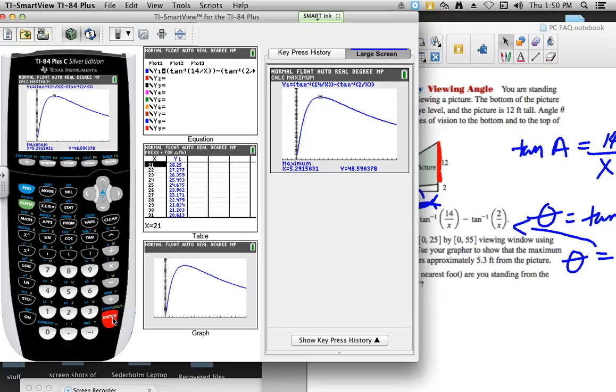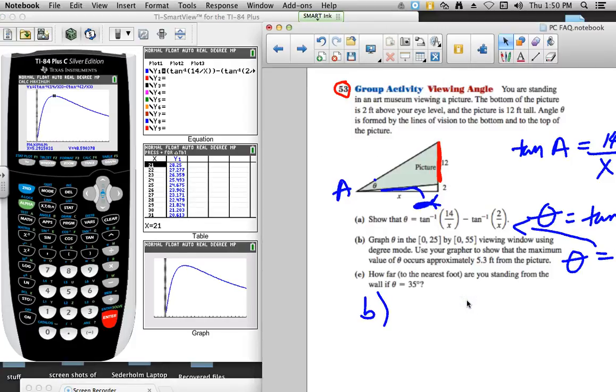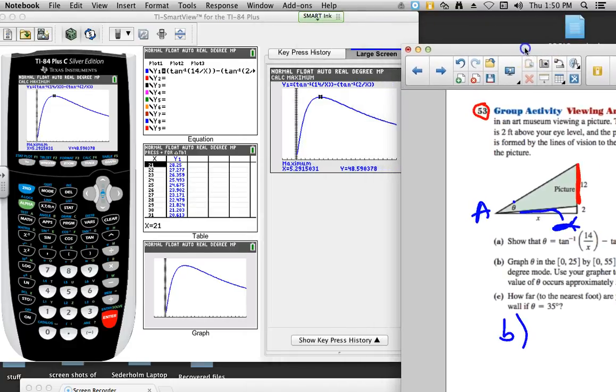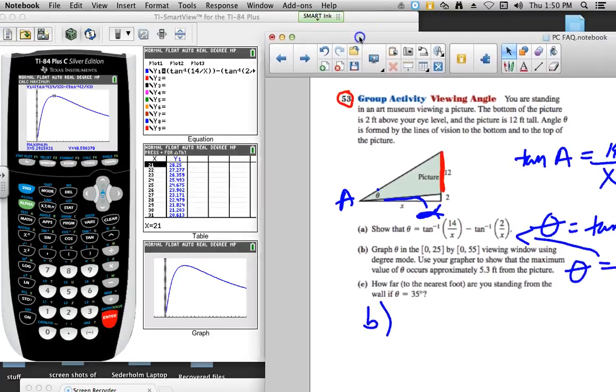And we have a y value of 48.590390378. So it says, use your grapher to show that the maximum value of theta occurs approximately 5.3 feet from the picture. Well, approximately 5.3 feet. I mean, we saw it. That's what they wanted us to see, is that that was going to happen.